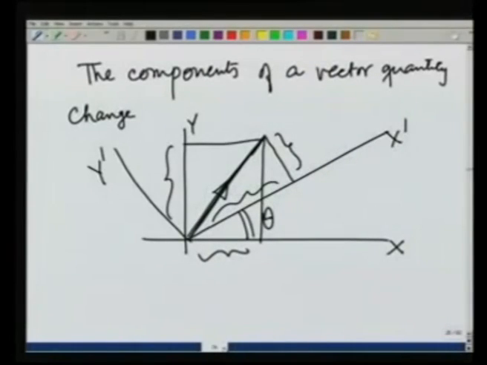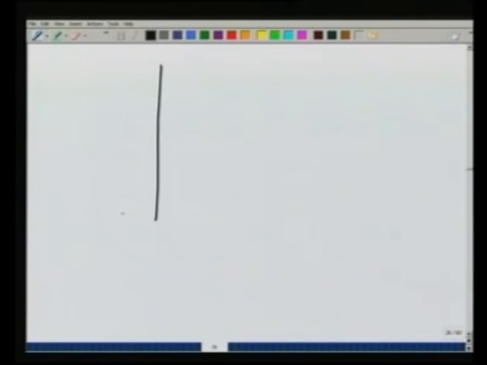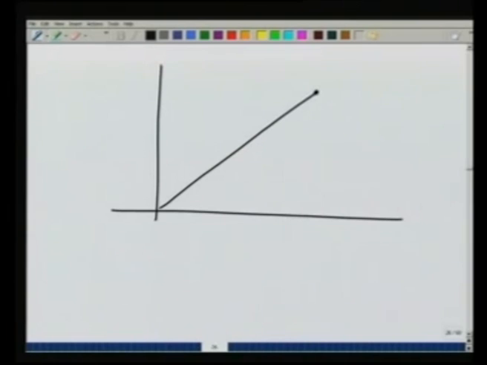So, let us say there is a vector pointing in a certain direction in the original frame x and y, so this is its x component and this is its y component.